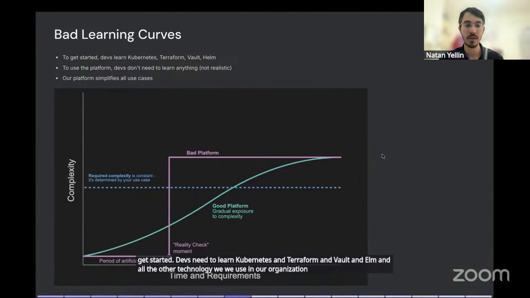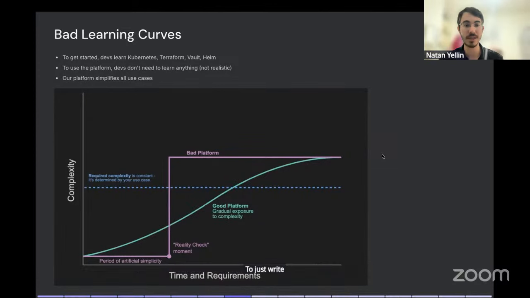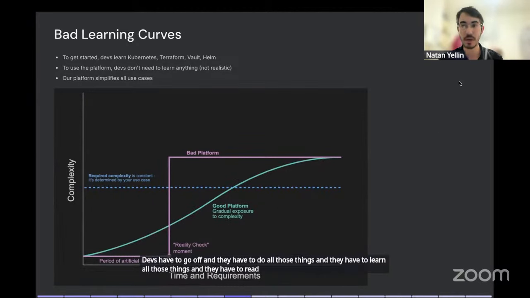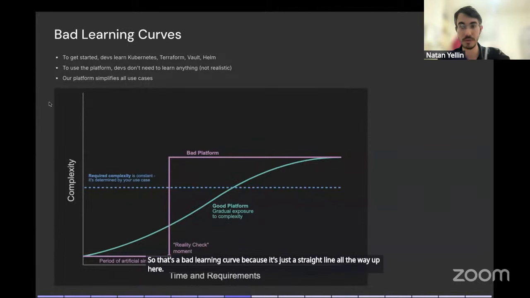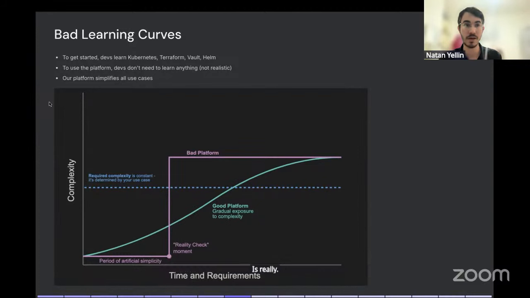And to just write a single line of code and get that single line of code into production, devs have to go off and they have to learn all those things. They have to maybe read a bunch of tutorials, and only then are they able to ship their first line of code to production. So that's a bad learning curve because it's just a straight line all the way up here, right? The complexity from day one, even if you don't have those requirements, is really, really complicated.